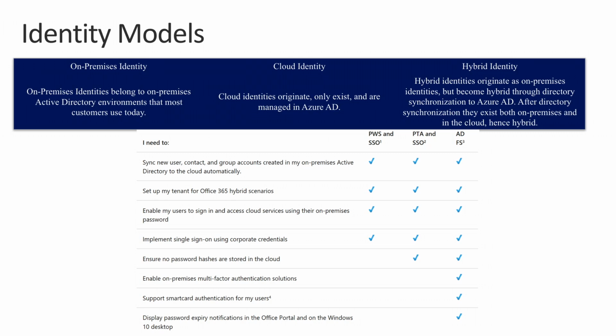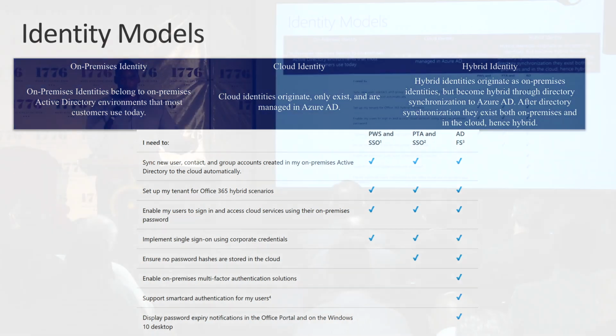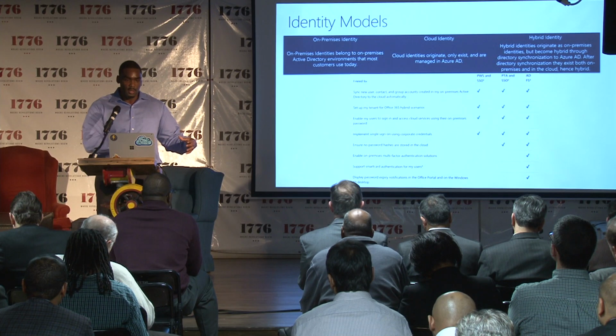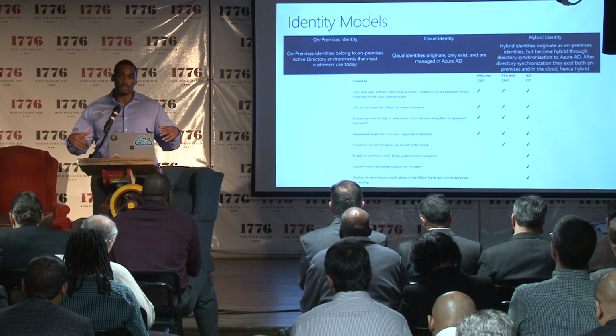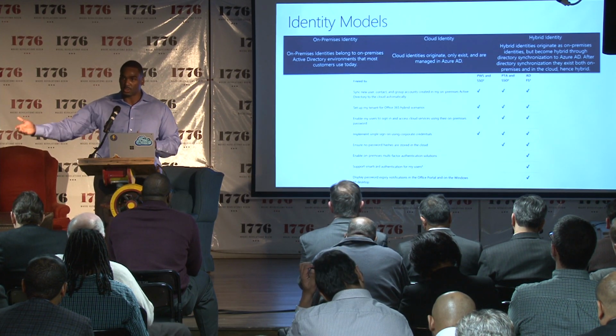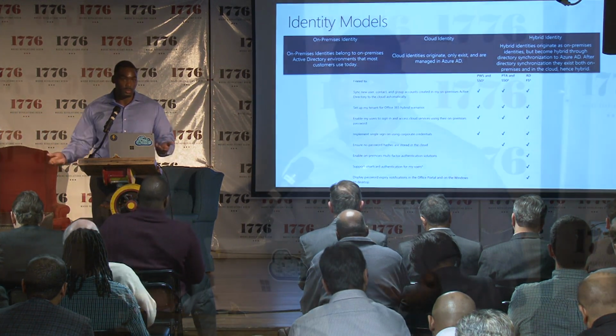I illustrated that through the last slide, but essentially it means taking your on-premises AD users and syncing them to the cloud, to allow you to access those resources that you have provisioned in the cloud. I say provision, but you could also obviously use these same identities to access software as a service applications like Office 365 that you don't provision. They're just provided to you and run at scale by us.